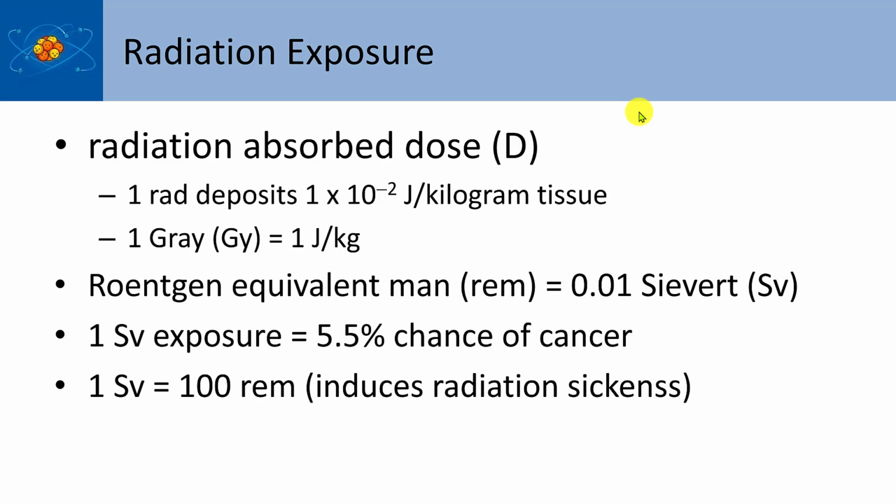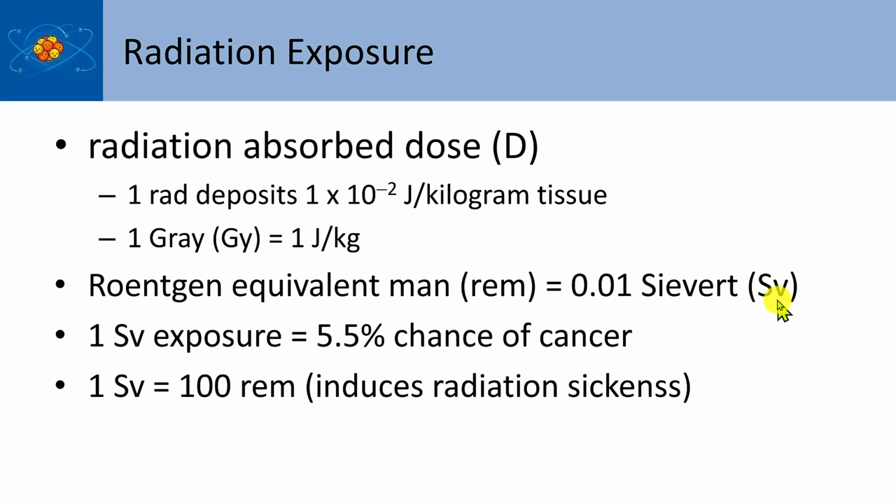That's one way we measure radiation dosages. The other way, which is probably more practical, is called the REM, the Roentgen equivalent in man. It's related to this weird unit called the sievert. 0.01 sievert is a REM.